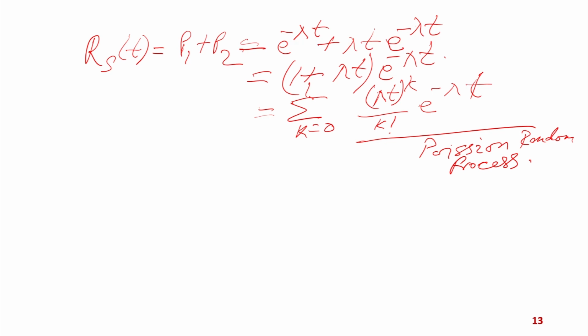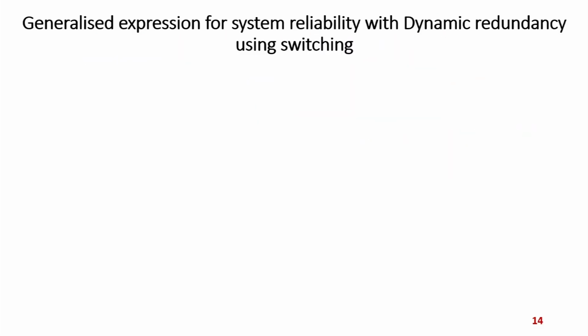So, now we can write a general formula where we have some n elements and you need m elements to perform. So, now we will go for a generalized expression for the system reliability with dynamic redundancy.